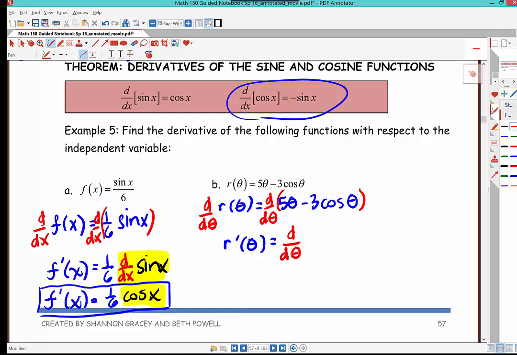So we'll have d d theta of 5 theta, I'm going to write it to the 1 power, and then minus d d theta of 3 times cosine theta.